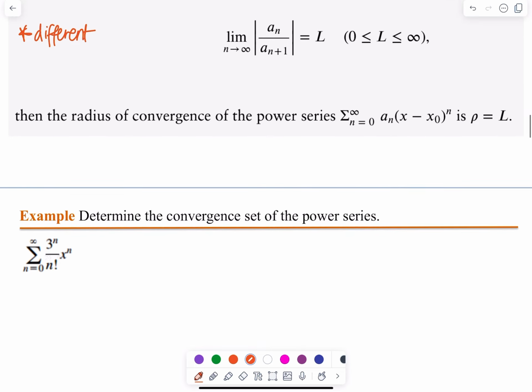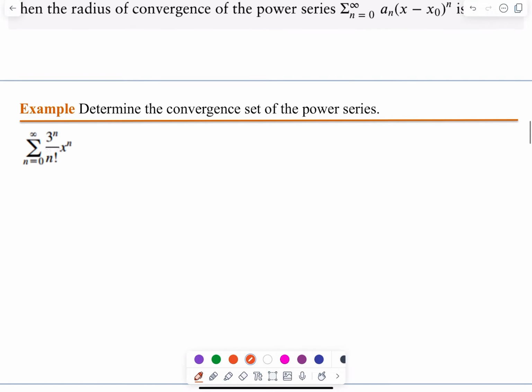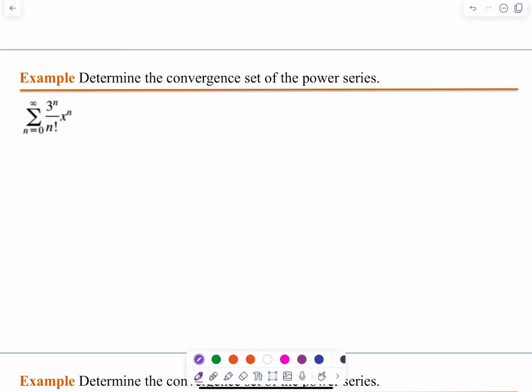Let's go ahead and try one of these. We're going to first look at the convergence of this power series shown here. We note that a sub n is equal to 3 to the n divided by n factorial. That's this a sub n right here.